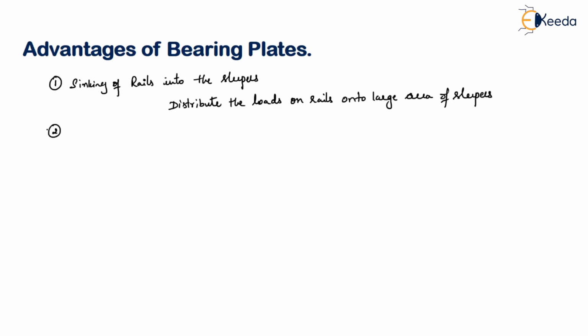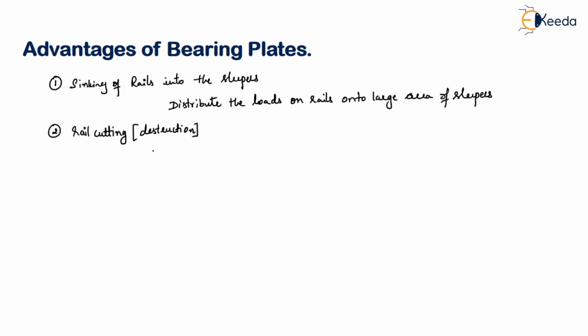The second advantage is these plates will prevent the cutting of rails into your sleepers due to the rubbing action of rail on its seat. Therefore, it will in turn increase the life of the sleeper and result in economy. If you want to write this point in short, it is called rail cutting. Normally the flat-footed rails cause destruction to your sleepers by cutting them, because the sleepers are made of wood.